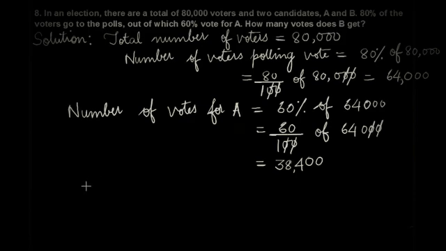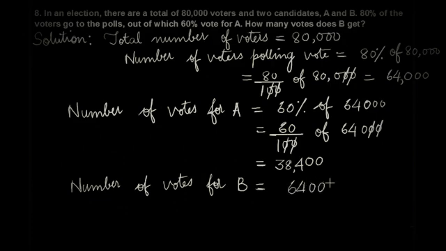And the number of votes for B. So if 64,000 is the total vote, then we can subtract 38,400 and we get the number of votes for B. So here we get 600.